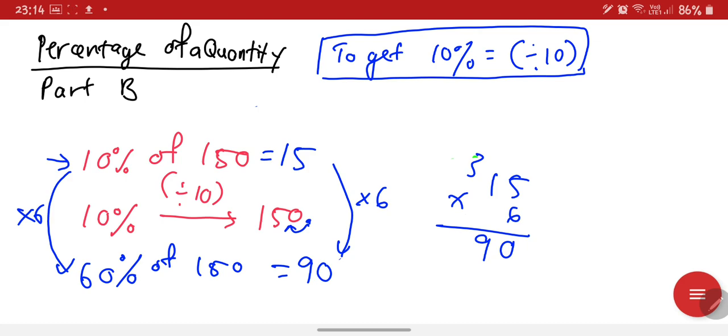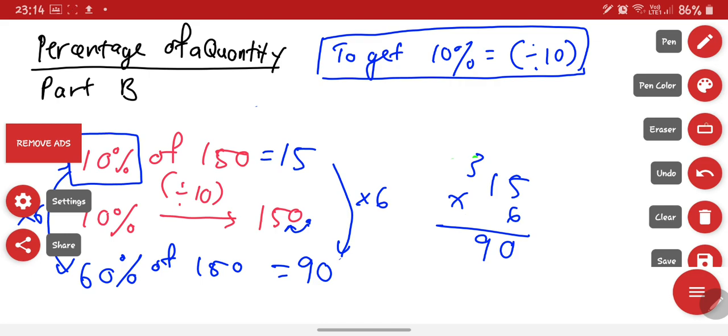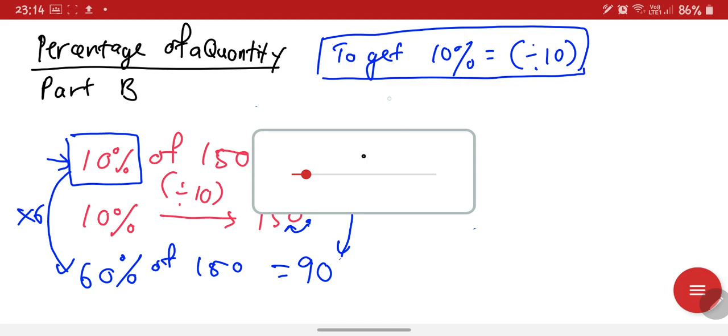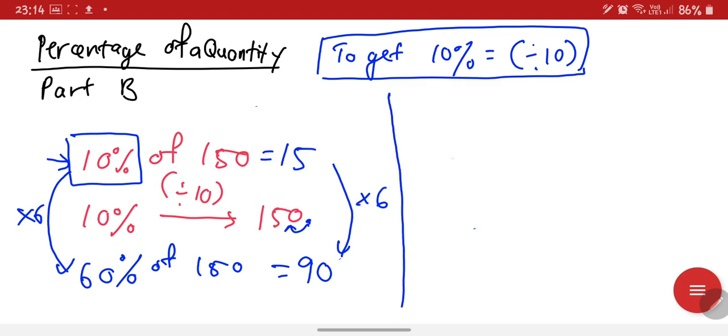So the key rule of this topic is for you to get the value of 10%. That is the key to this part B, percentage of a quantity. It's not that I don't want you to use the normal way. Now let's say I ask you to do 60% of 150.